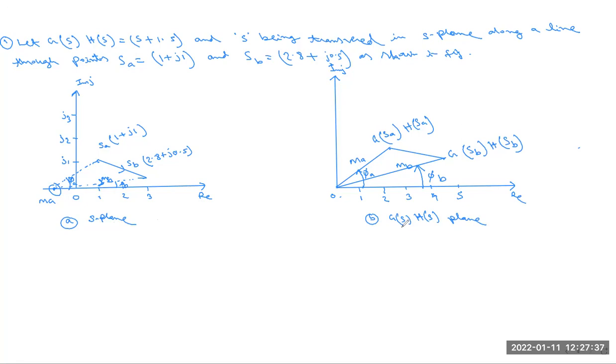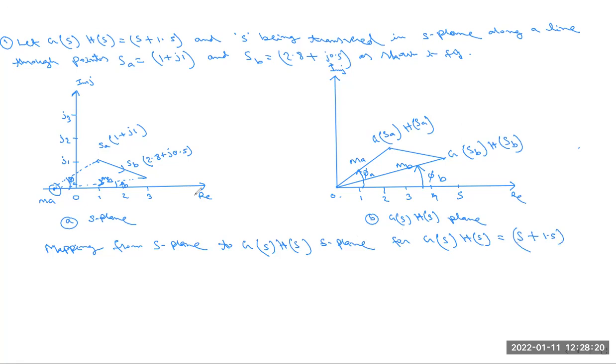So this is basically the mapping from the S plane to the GSHS plane, for GSHS equals S plus 1.5.